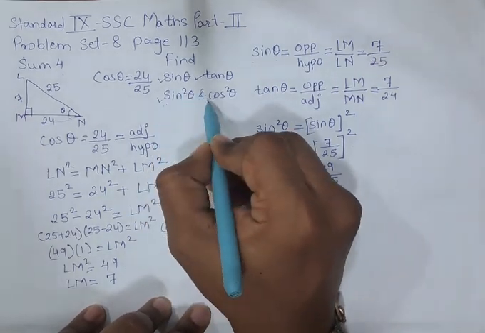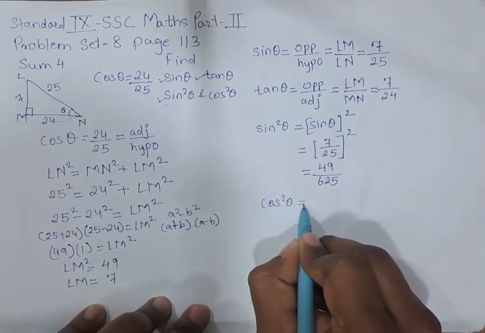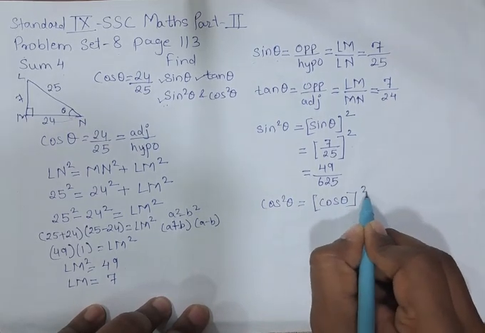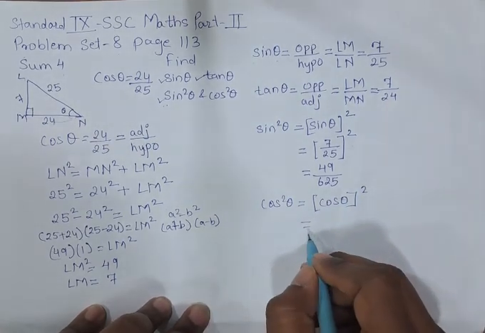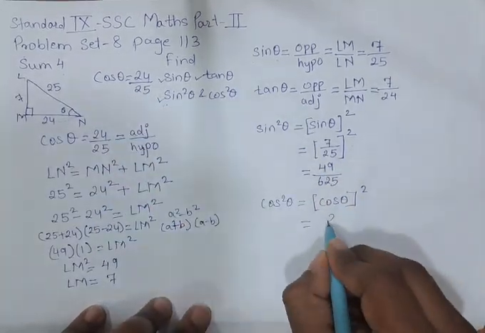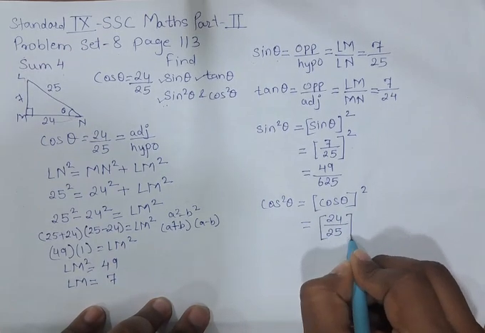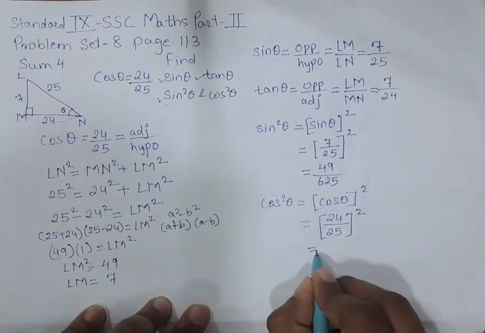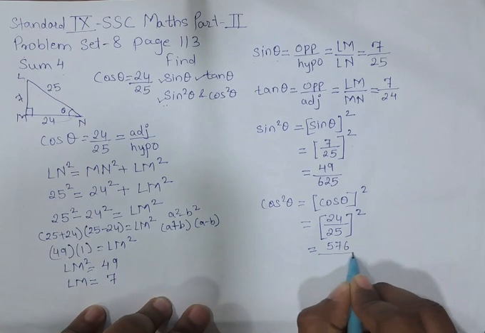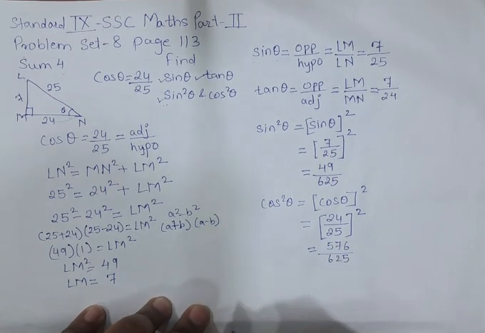Now the last ratio, which is cos square theta. This can be written as cos theta the whole square. The value of cos theta is already given, so we use the same value, 24 upon 25, whole square. The square of 24 is 576 and the square of 25 is 625.